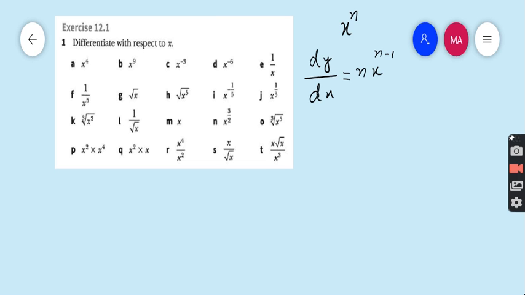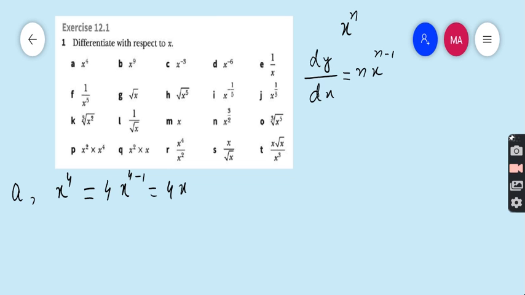See question number 1, part A. Differentiate with respect to x. x to the power 4. What I told you? Just write the power first. In this case the power is 4. Subtract 1 from the power.